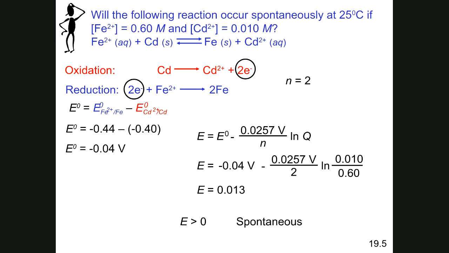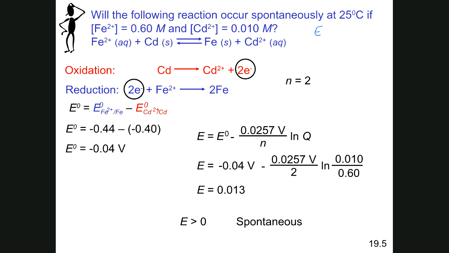Which of the following reactions occurs spontaneously? Will this reaction happen spontaneously or is it going to be non-spontaneous? So basically you have to find the value for E. If E is greater than 0, or if E is positive, then the reaction is going to be spontaneous. How do you find the value for E?